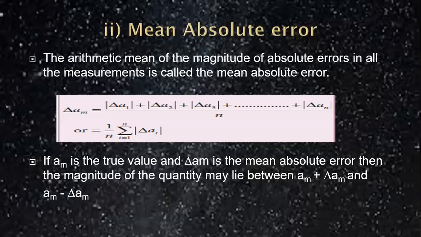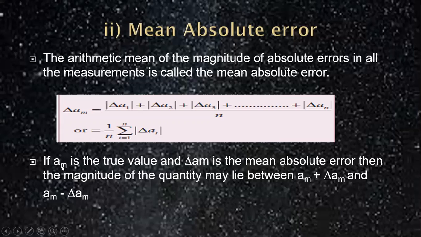Then we have to go for the mean absolute error. Mean absolute error is nothing but the arithmetic mean of the magnitude of absolute errors in all measurements. We have calculated the absolute error, now we have to find the mean for that. So delta AM is equal to (modulus of delta A1 plus modulus of delta A2 plus modulus of delta A3 plus ... plus modulus of delta AN) by N. This can be written as 1 by N into summation I is equal to 1 to N of delta AI.